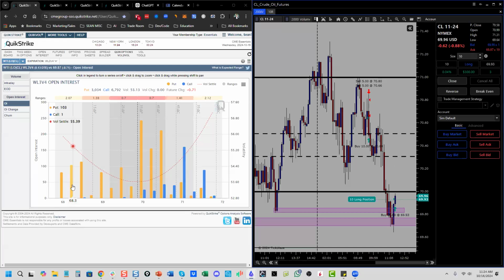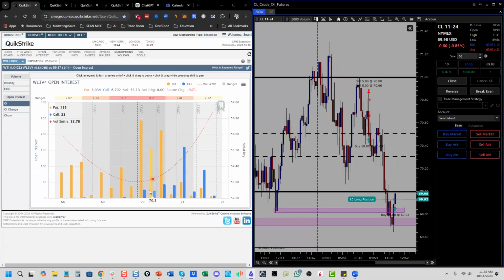That's a pretty solid level, eh, Jim? That's on the third standard deviation. That's pretty solid on the outskirts of that. This is 69.50 right here, this entire wall right here. And so I'm going to look at 70.